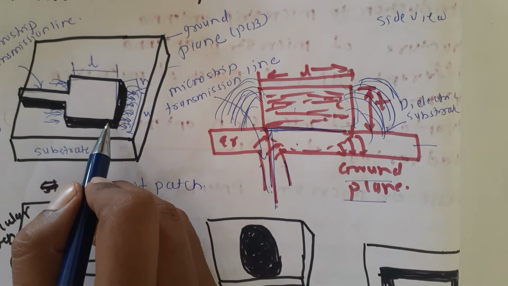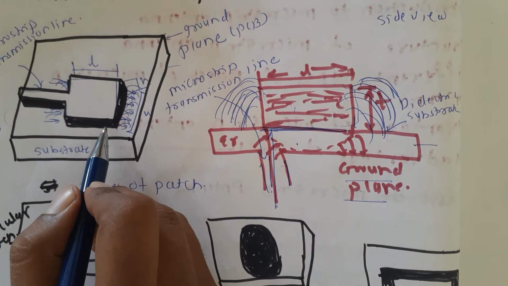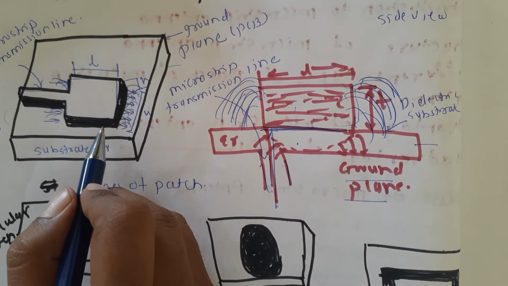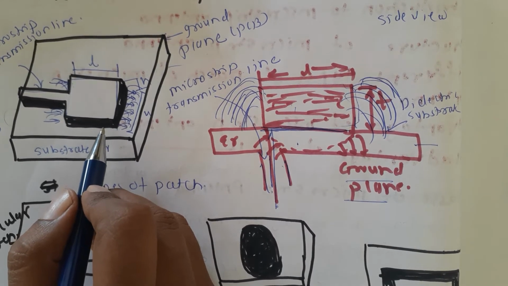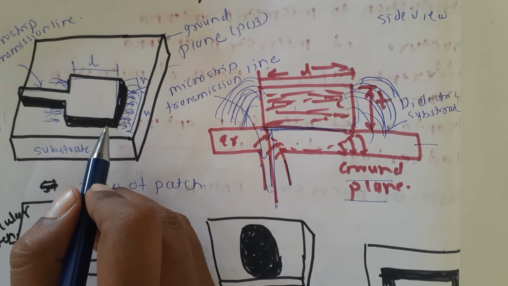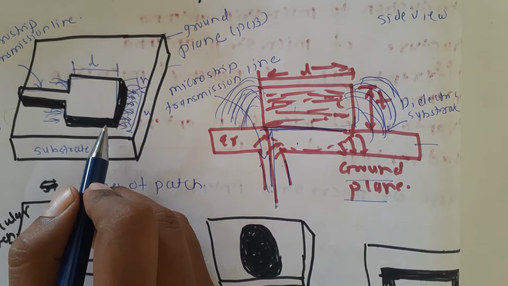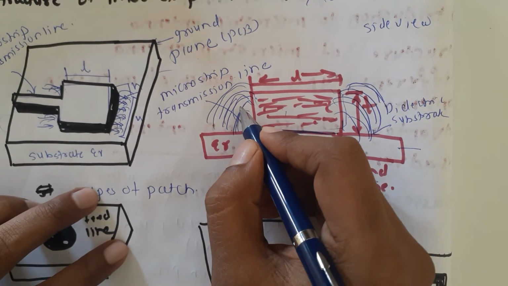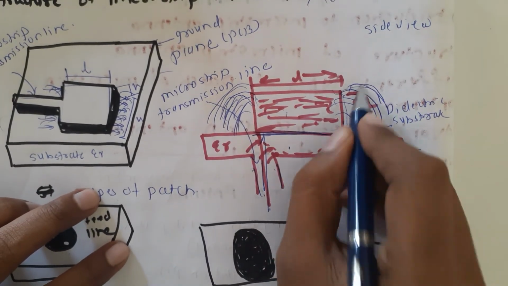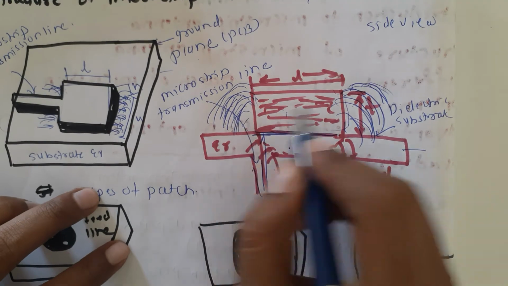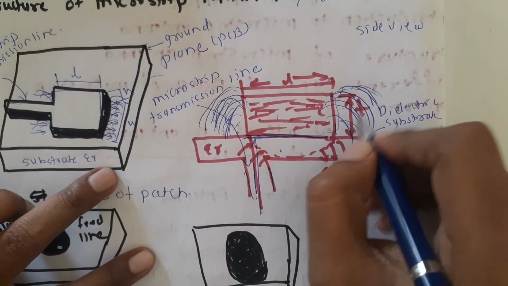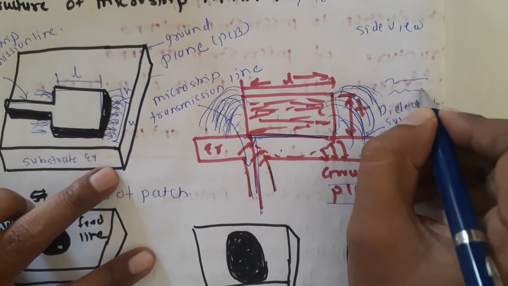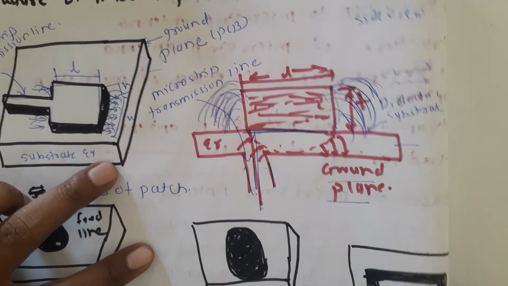The thickness of this particular patch is very small. The wave generated within the dielectric substrate undergoes reflection to some extent when it arrives at the edge of the strips. After this radiation, some sort of wave is there, and that is the disadvantage.